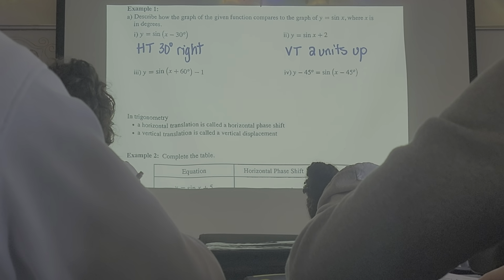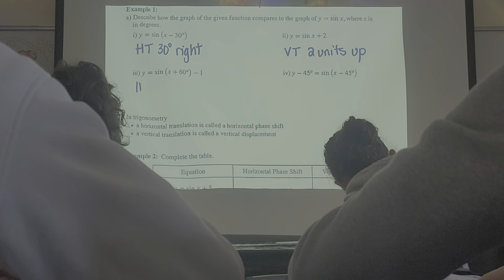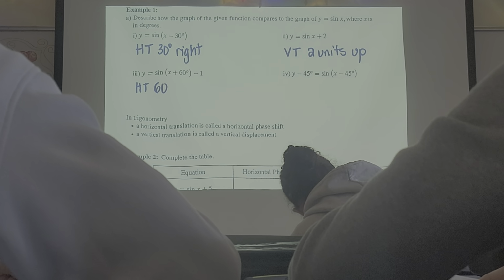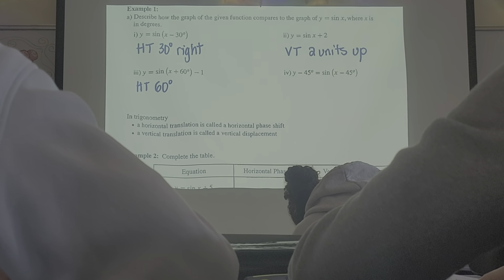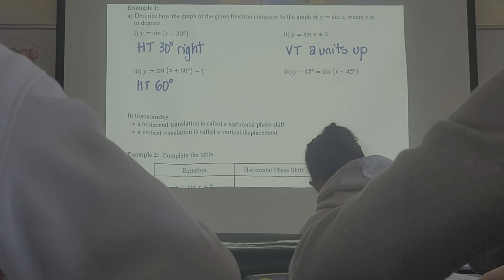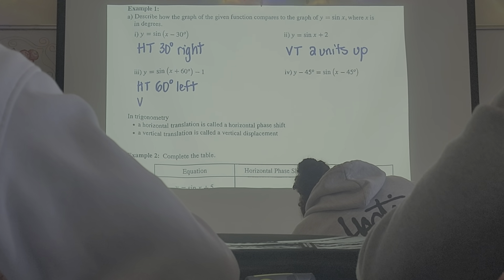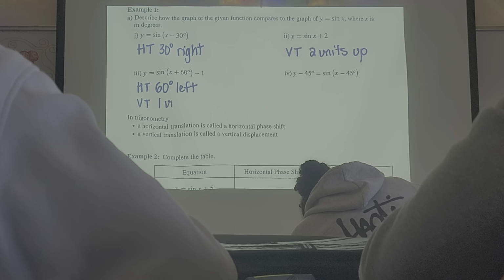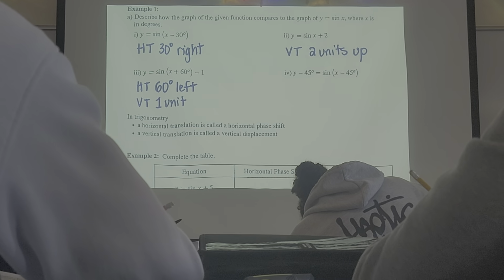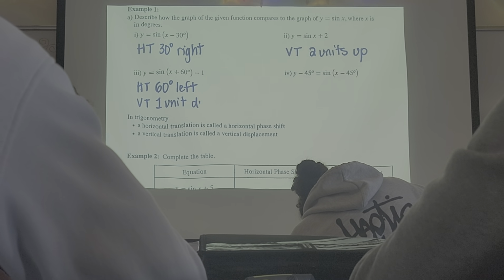It has both of them. Horizontal translation, 60 degrees. Which way? Left. Yep. And then minus 1 on the end will be vertical translation, 1 unit. Because it's minus 1, we're going to go 1 unit down.